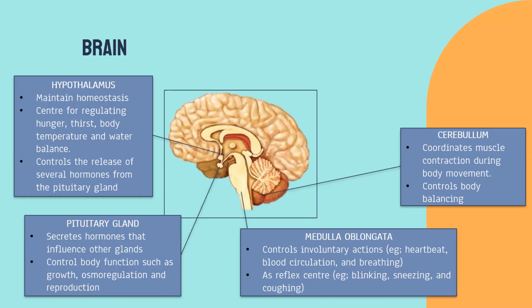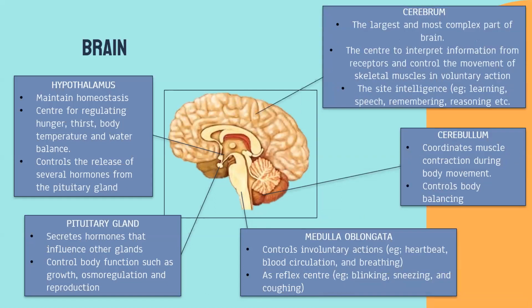And the last part, which is the most important part, the larger part of your brain, is known as the cerebrum. This part is very important because it is the site for intelligence, for example the learning process, speech, remembering, and reasoning. All that information is stored and translated in our cerebrum.